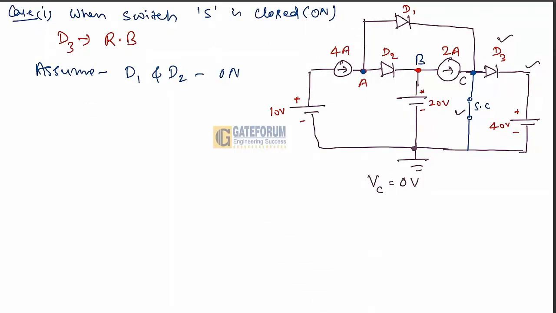So if node point A is 0, for the D2 diode, the anode side voltage is 0 and the cathode side voltage is connected through node B to this 20 volt. So this is indicating that D2 cannot be on in this situation if D1 is on. So if D1 is on, then D2 must be off. And this is one of the possibilities here.